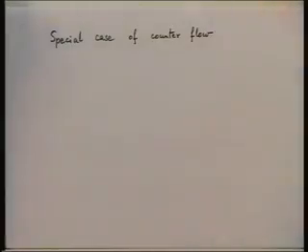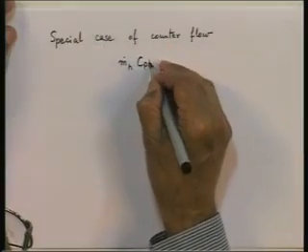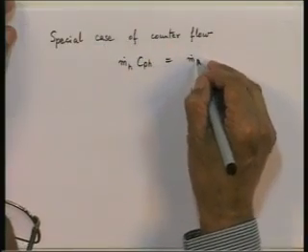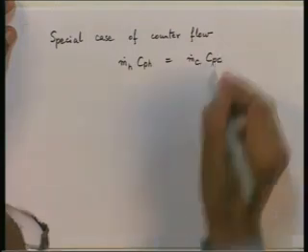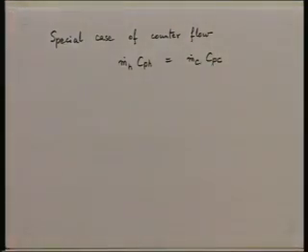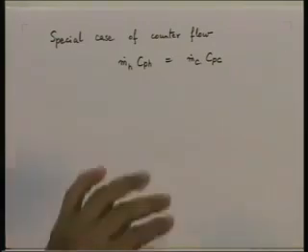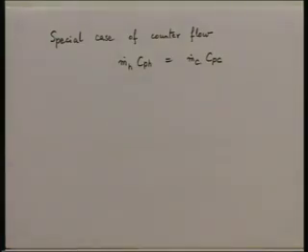The special case of counter flow which we want to look at occurs when m dot h Cph is equal to m dot c Cpc. Suppose we have this situation. The product of the flow rate and the specific heat on the hot side equals the value on the cold side.